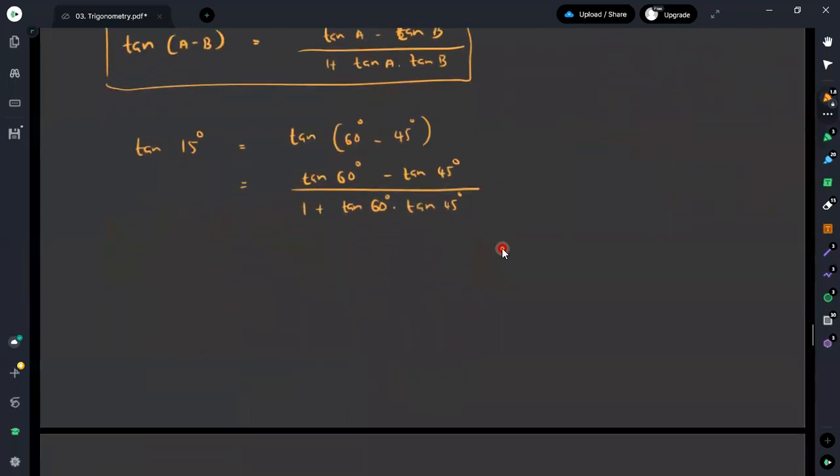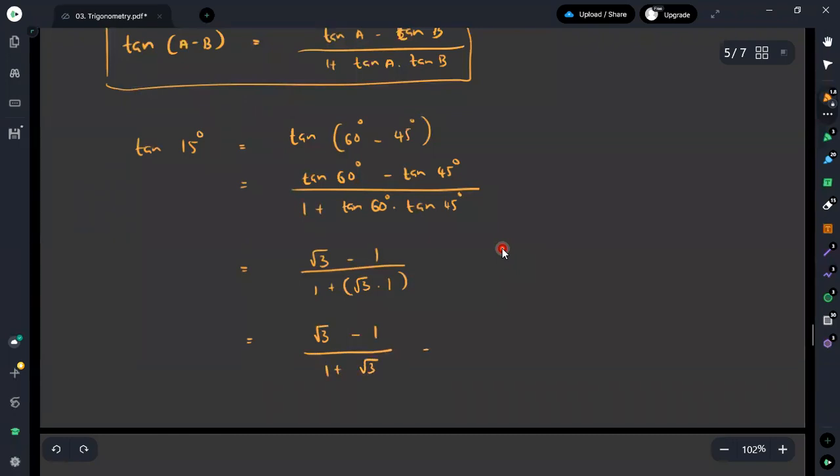According to this rule, we can take the values. Tan 60 degrees is equal to root 3, then minus 1, and in the denominator 1 plus root 3 times tan 45, which is equal to 1. If you do this calculation, you will get root 3 minus 1 over 1 plus root 3, and if you need, you can interchange the terms in the denominator and write root 3 plus 1.